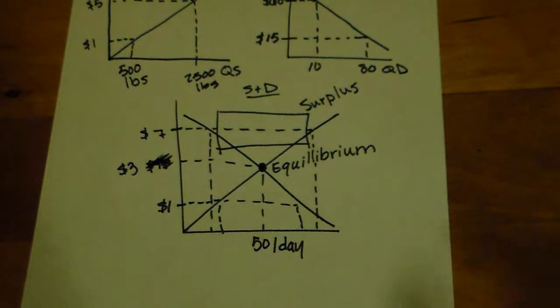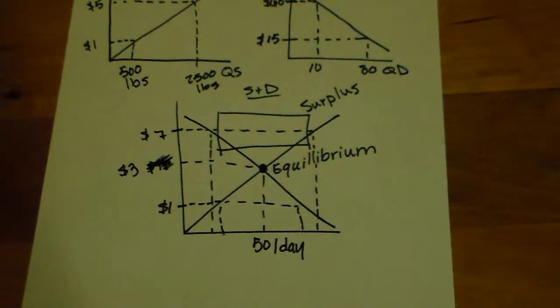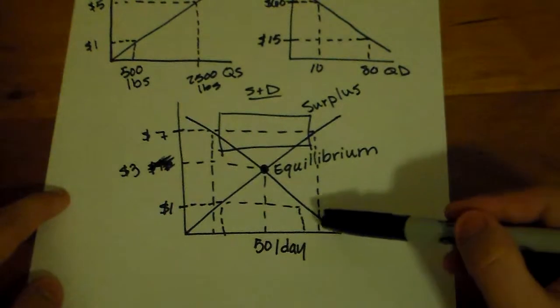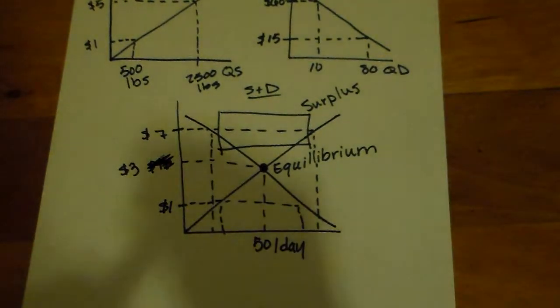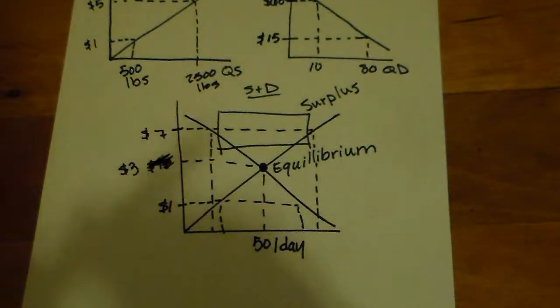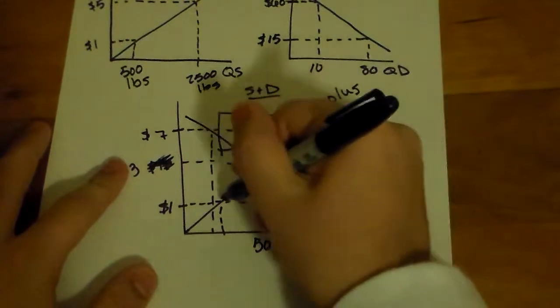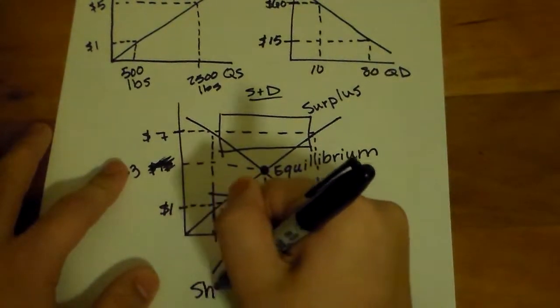So if I were to sell something at $7, I would have more of that on the shelves than if I were to sell it at $1. If I were to sell it at $1, it would be called a shortage of supplies. Let's just do that. So right down here is a shortage.